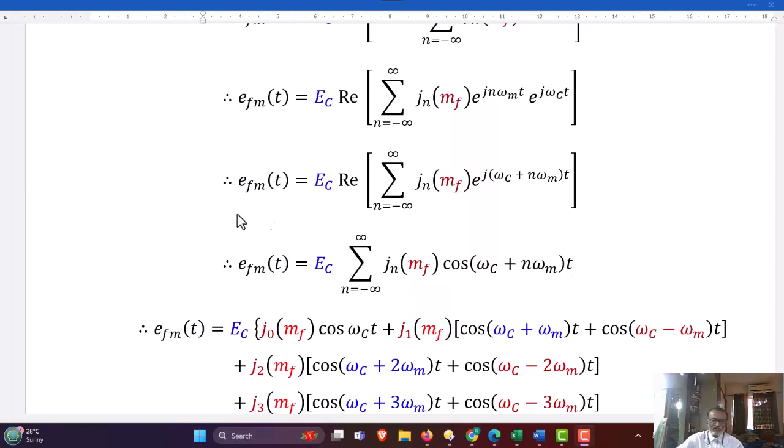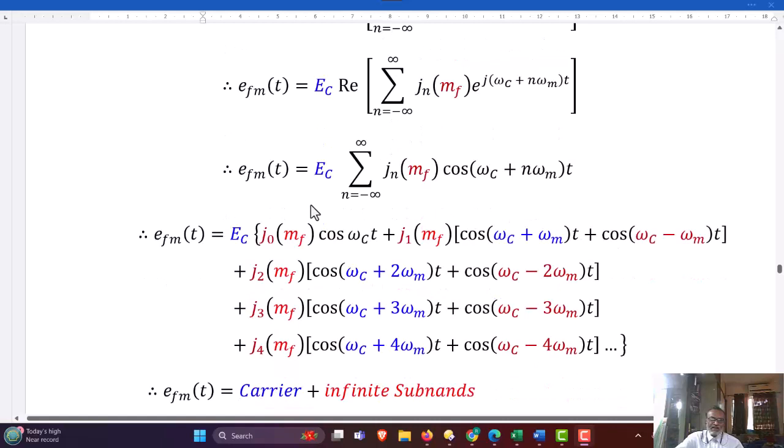And therefore we will get the final expression of a modulated signal e_FM is equal to Ec, under the summation sign n starting from minus infinity to plus infinity, Jn(mf) cos of (ωc + nωm)t.